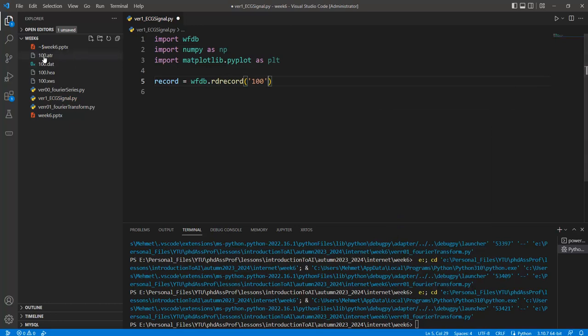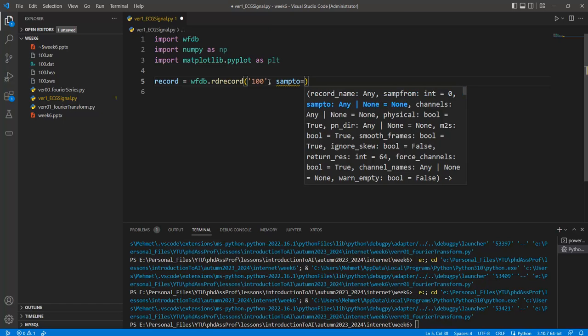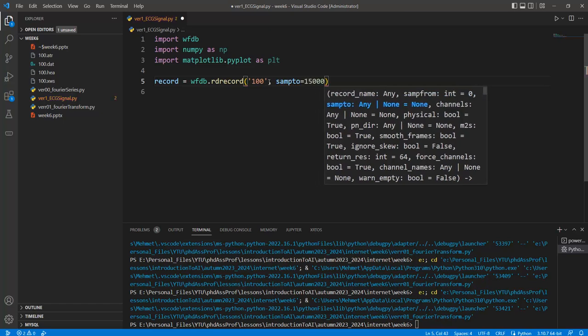This is the name of the database file. And we can also give sampto to set the region of your ECG signal. For example, 0 to 15,000 values are included in this record.